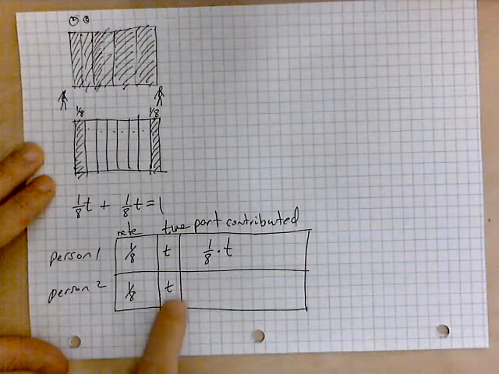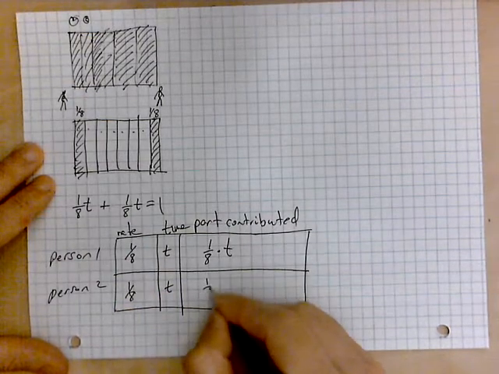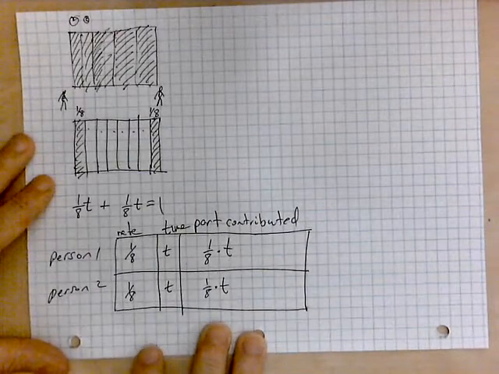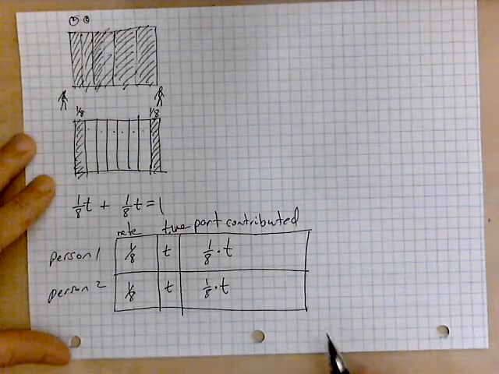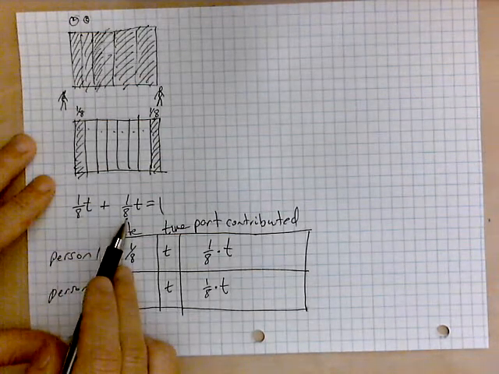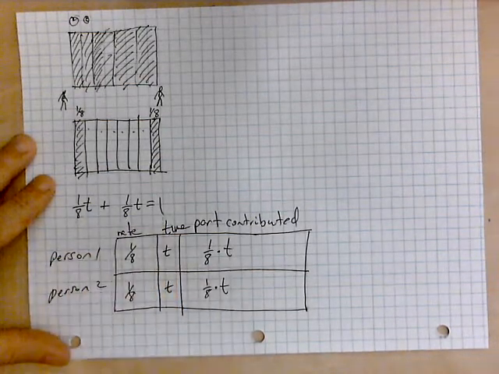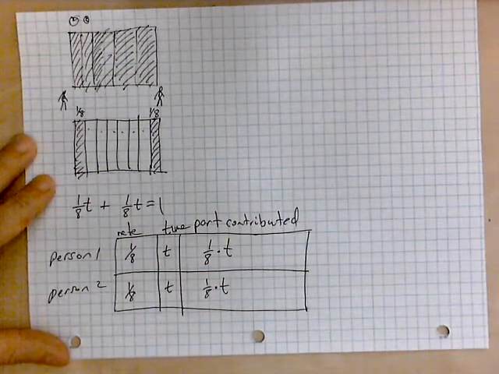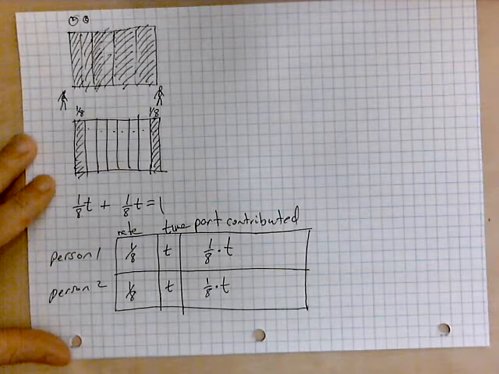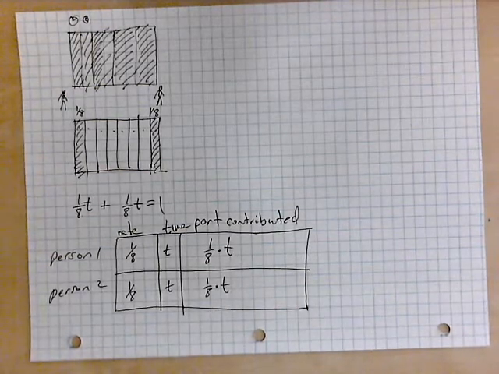Person 2 within the period of t hours also contributes 1/8 times t. And at the end of the whole job, the part contributed by the first plus the part contributed by the second equals 1, or 100% if you like. You could also do this by dividing the wall into 100 pieces and looking at the exercise in terms of percentages.